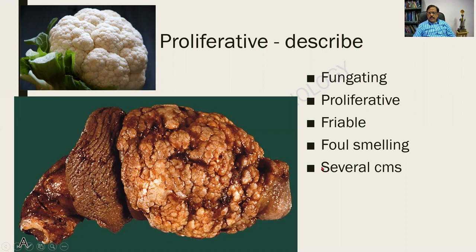A squamous cell carcinoma can be from 1 to 2 centimeters to several centimeters in diameter. A fresh specimen will be foul smelling because of the autolysis. But the specimens in your museum jars are not, because they have been fixed in formalin.